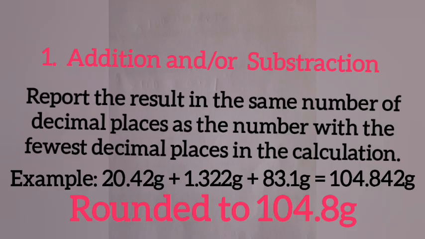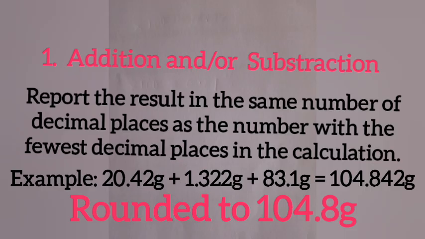In this case, our summation has three uncertain digits. Digits 8, 4, and 2 are all uncertain digits. And the rule says we can report only the certain digits and one uncertain digit.